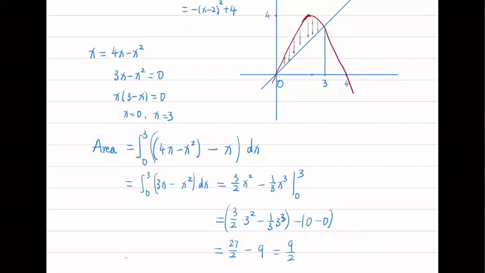So the area bounded by these two curves is 9 halves.